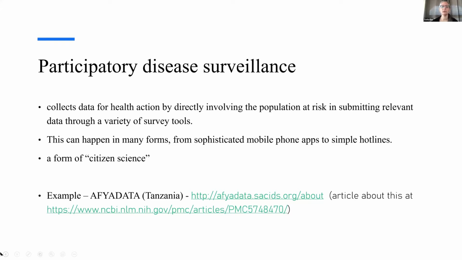It's the idea that you collect the data by directly involving the population that is at risk, by using some pretty innovative surveillance tools. Mobile phone apps are a great one. But certainly also the FDA hotline, the online reporting system, would be another mechanism. We're drawing in the population that owns the animals or takes their animals to a veterinarian to be part of collecting the information.